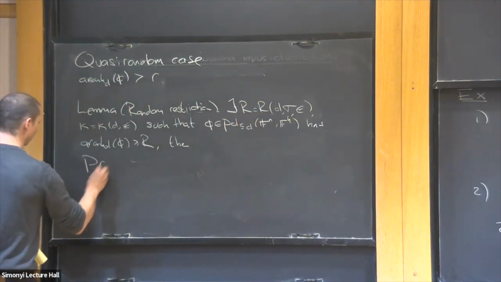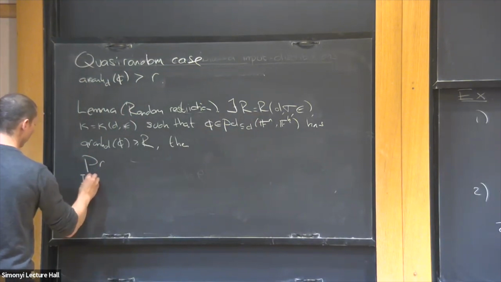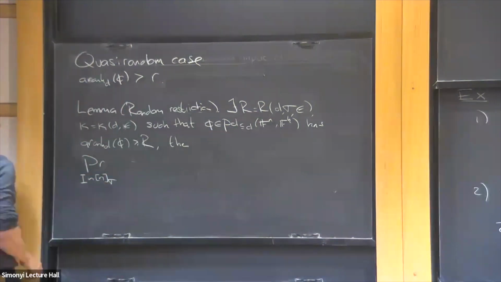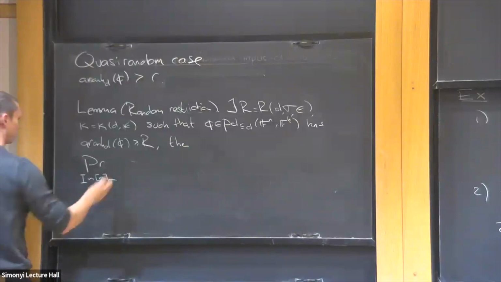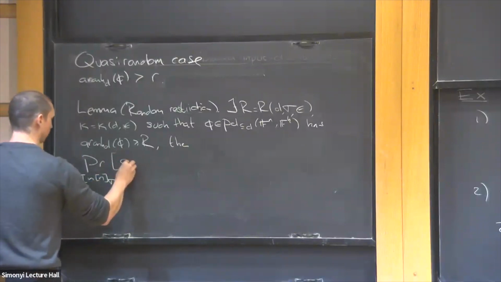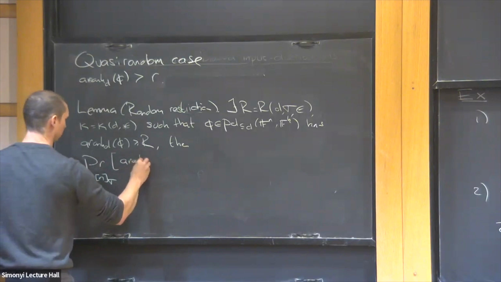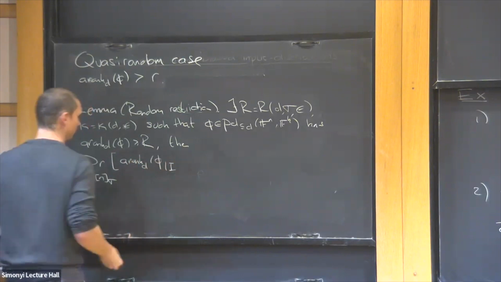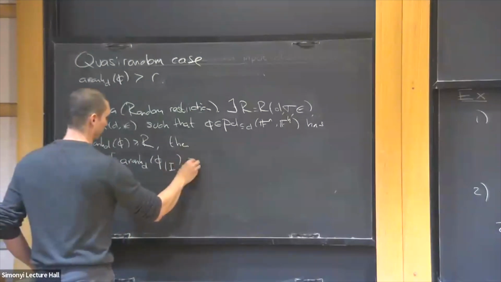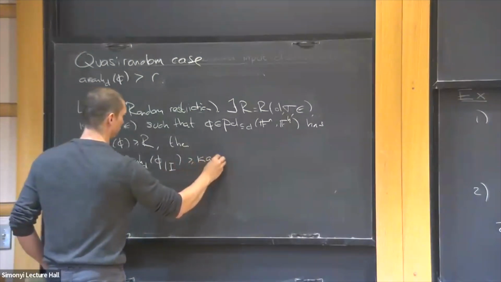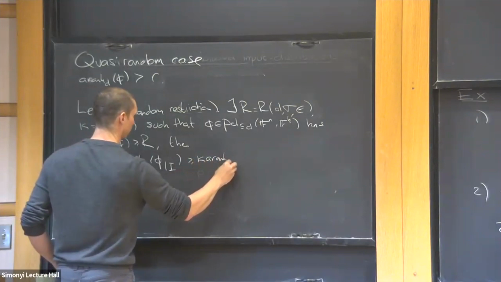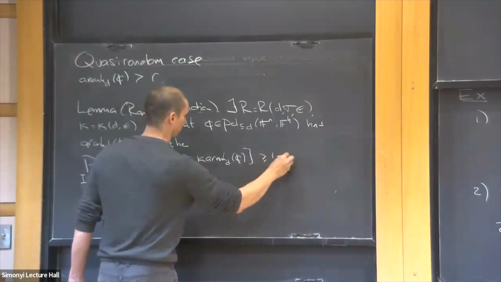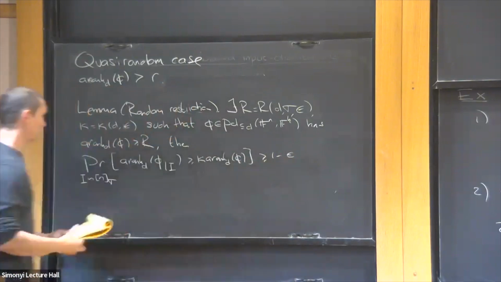So the probability over a Bernoulli random set that includes each coordinate with probability sigma, that the analytic D rank of the restriction of phi to this subset is at least kappa times the analytic D rank of phi itself, is at least 1 minus epsilon.